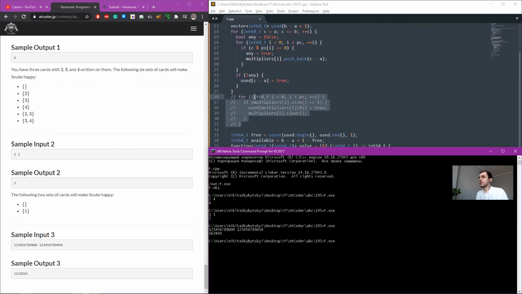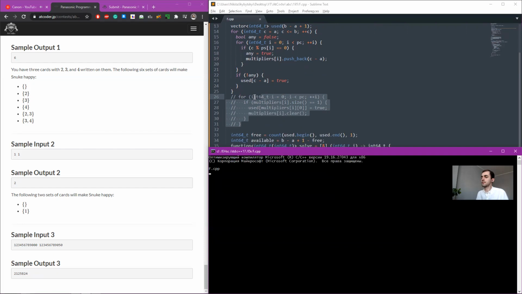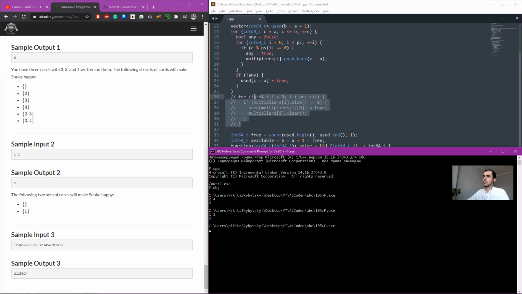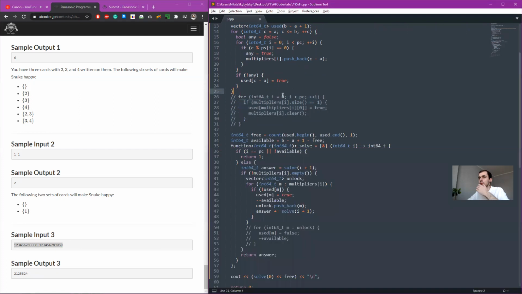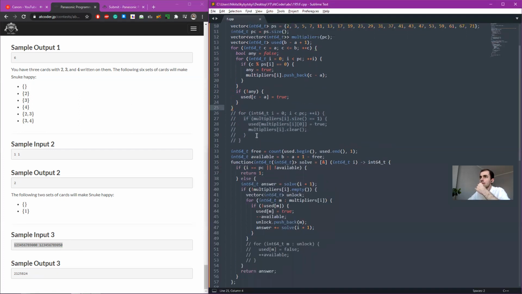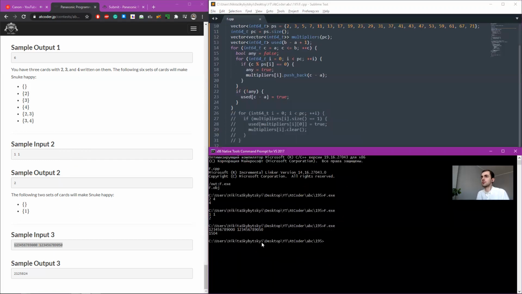If you come on the side, the answer should not change. The answer was okay. Oh, the answer changed actually. This is strange. Why would the answer change? Because we subtract more. We should bring this part.